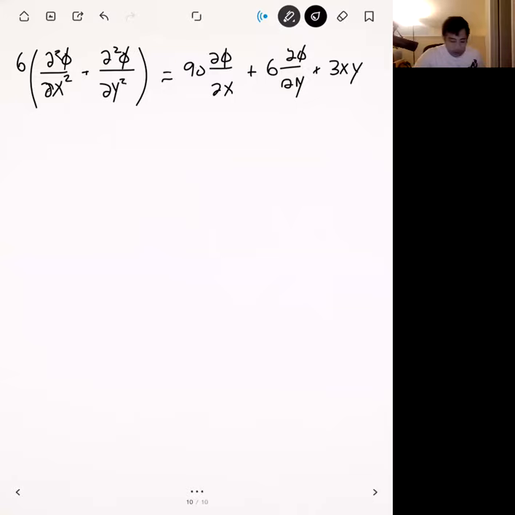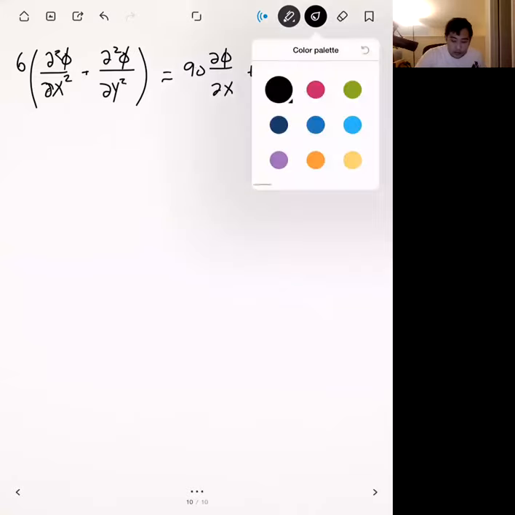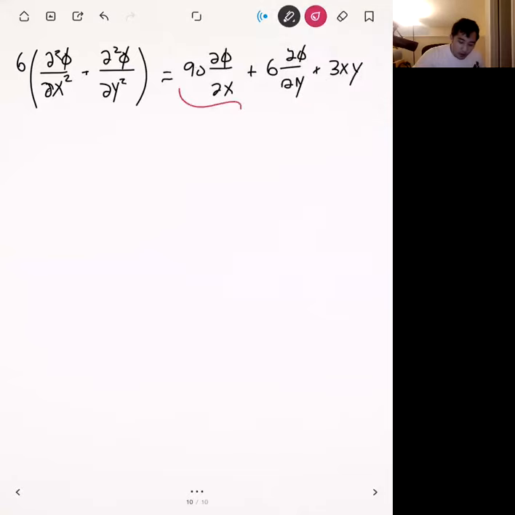Now this is the exact same example that we did previously, but now what we have here are convection terms.